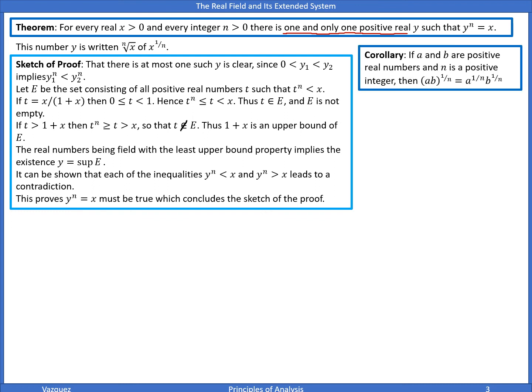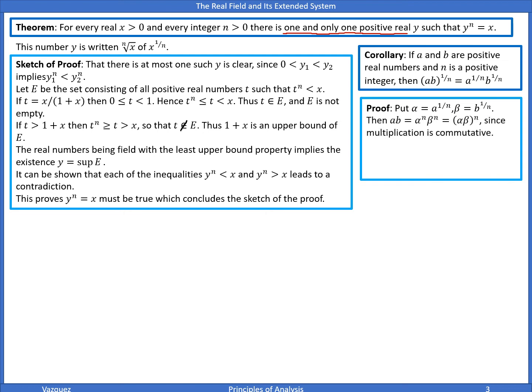But now we can move on to a corollary, where it says if a and b are positive real numbers, and n is a positive integer, well then (ab) to the 1 over n is the same thing as a to the 1 over n times b to the 1 over n. And we're taught this in high school, but don't really question why that is. So again, this chapter 1 goes through constructing this real field and showing its properties. In this proof, we just let alpha equal a to the 1 over n and beta equal b to the 1 over n.